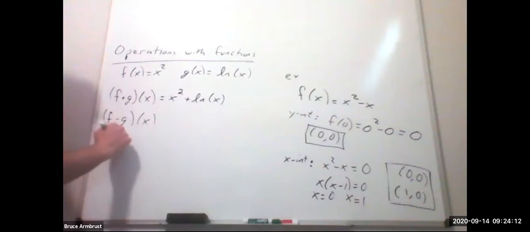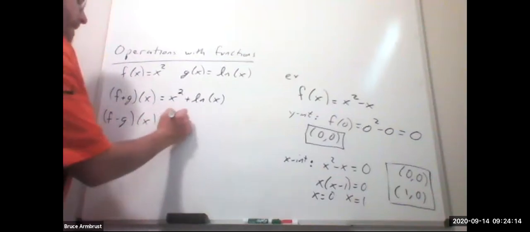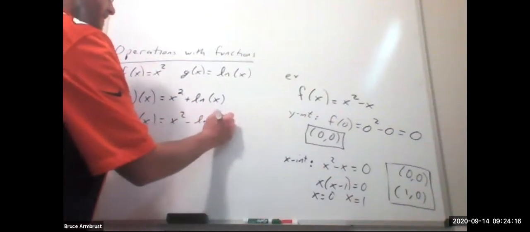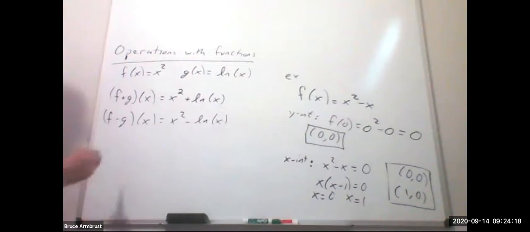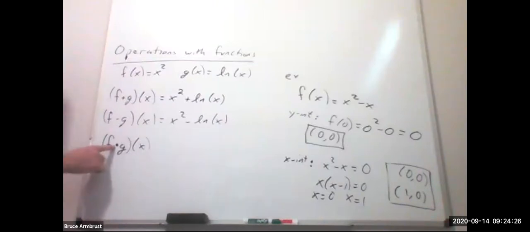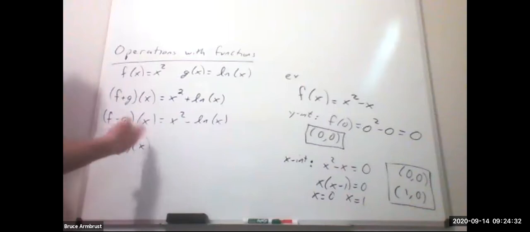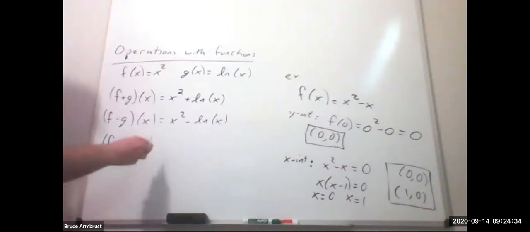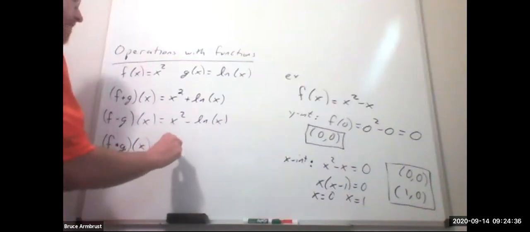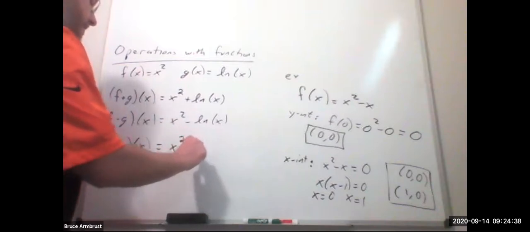You'll see f minus g. And again, it literally is subtract the rules. We have multiplication. So f times g. We use the dot, not the x times, because then it might be thought of as the variable, but we can do f times g. So this would be x squared times natural log of x.